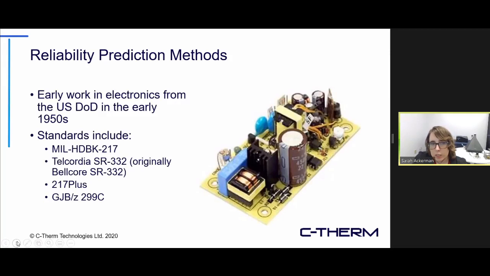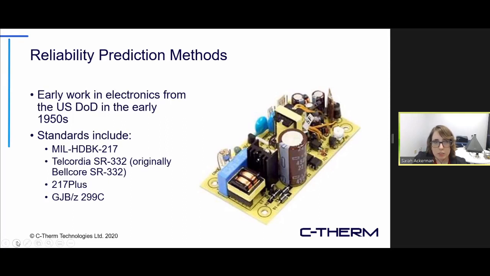The history of reliability statistics and reliability prediction comes out of some early work with electronics applications from the U.S. Department of Defense. In the early 1950s, I think 1950 was the first formation of the ad hoc committee, which later turned into a working group.